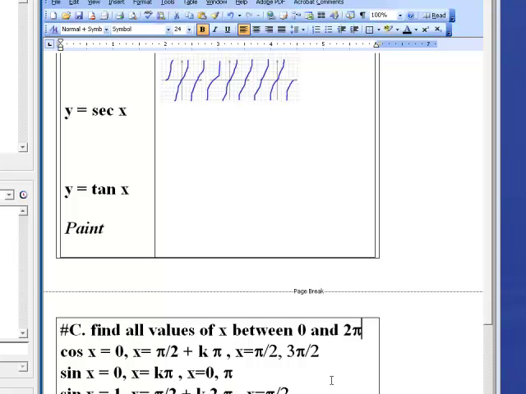So inside the interval, it only hits it once at pi over 2. Okay, and with that one, we're finished with the problem section on section 4.1 basic graphs.